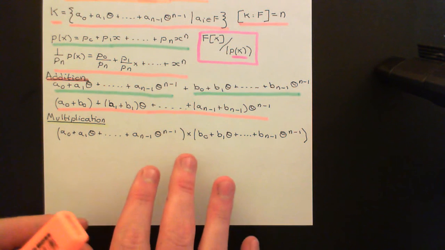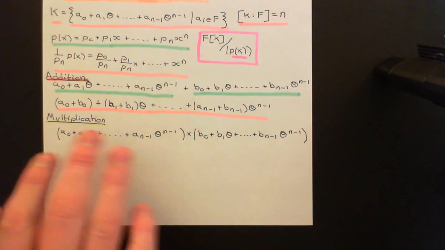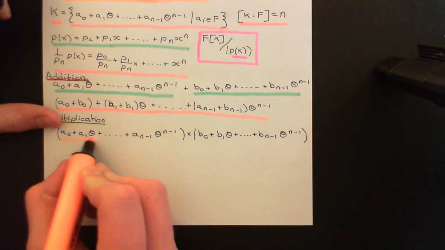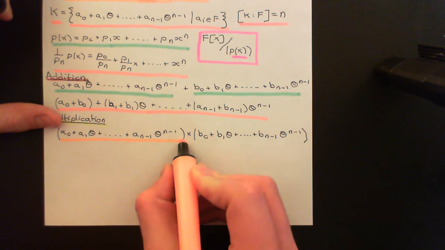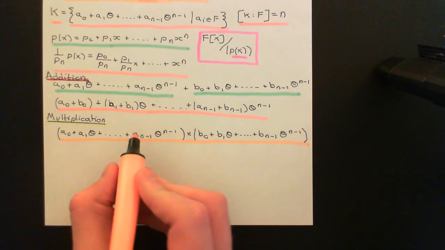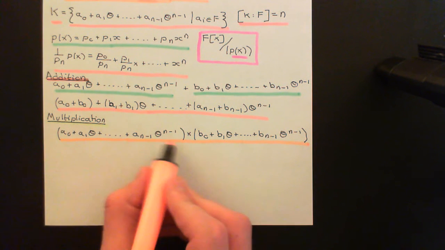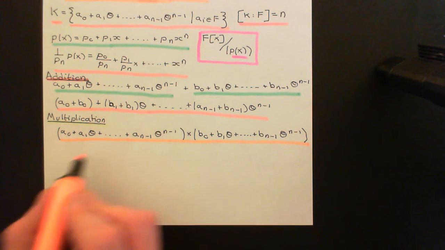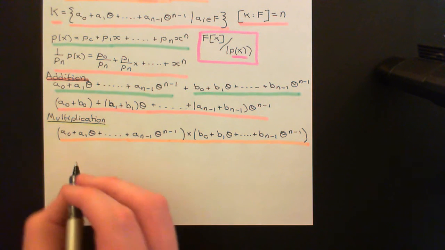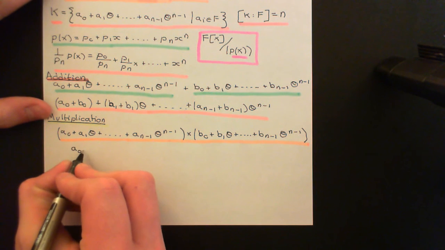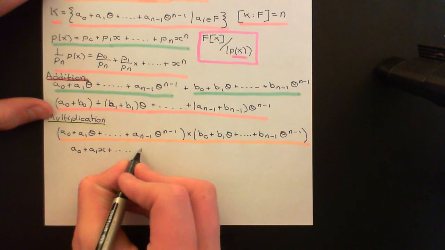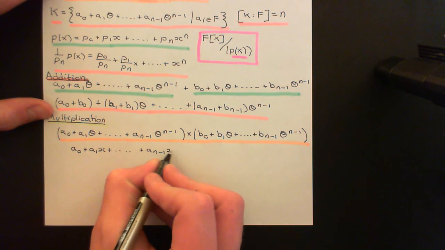So I will show you another way which just now works in the field capital K, but initially let's think about this right back to the foundations of how we constructed this field extension. Okay, this linear combination of these basis vectors is just some coset, and we know that that's going to be the coset that contains the polynomial a0 plus a1x plus all the way up to a_{n-1}x to the n minus 1.